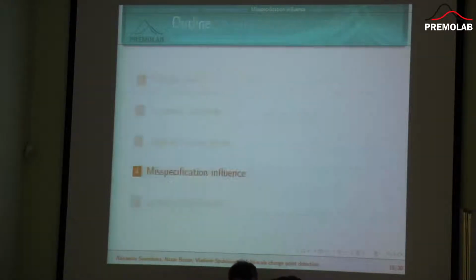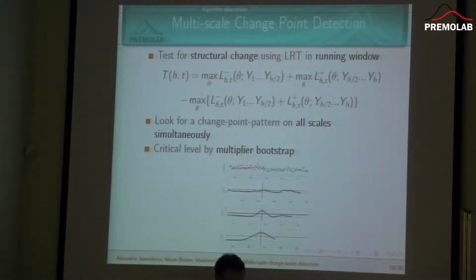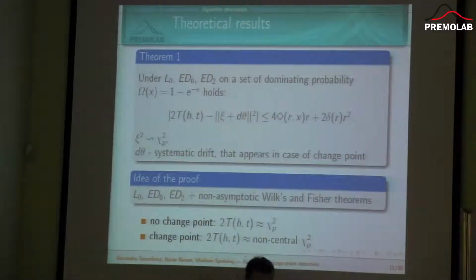I could turn to the statistic, which is the likelihood ratio, and we have proven that it has a non-centered chi-square distribution.